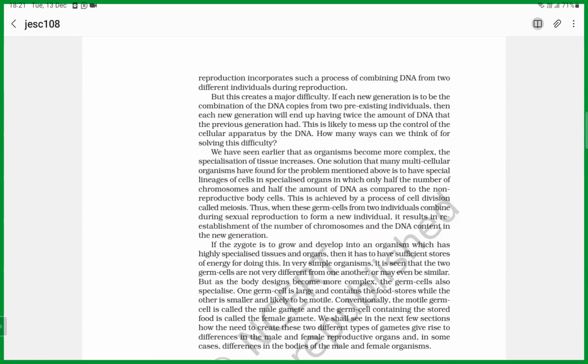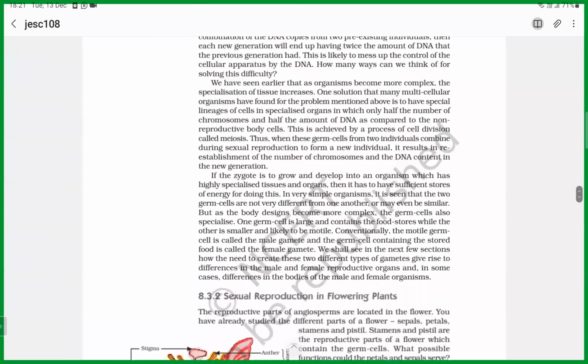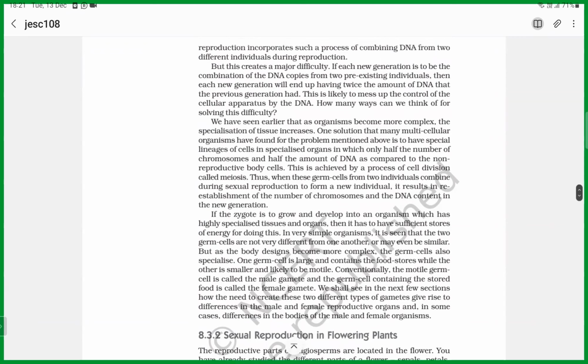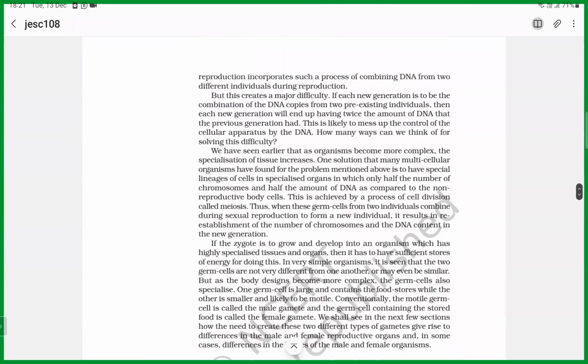How is this period divided in a sexually reproducing organism? You forgot the 3 phases? What are the 3 phases in a sexually reproducing organism?